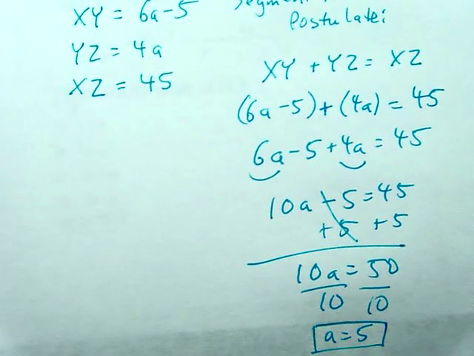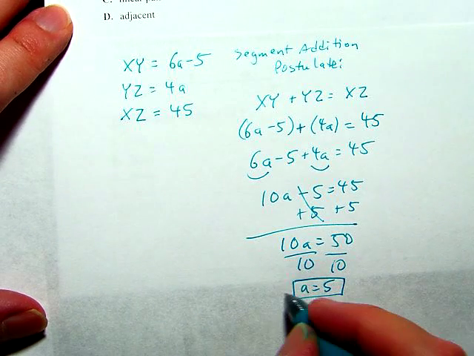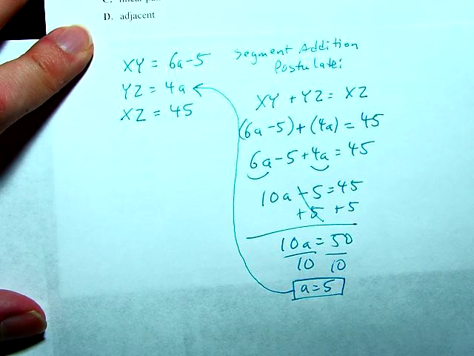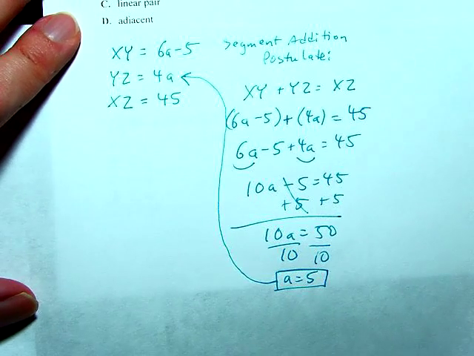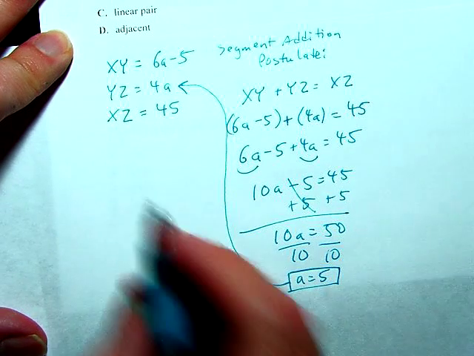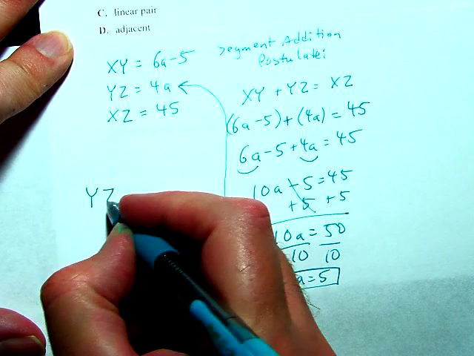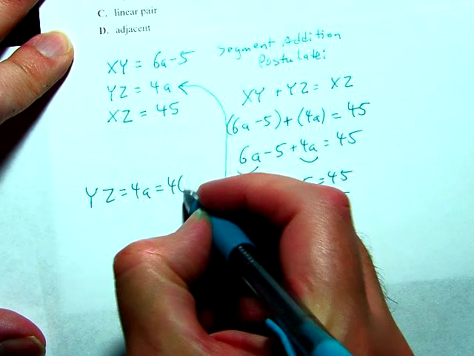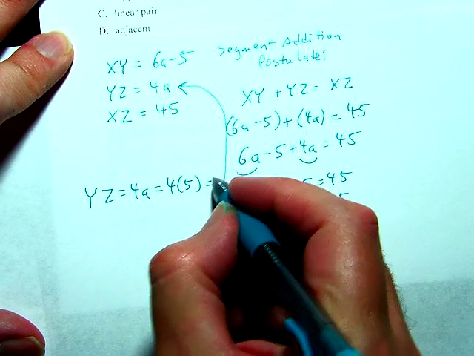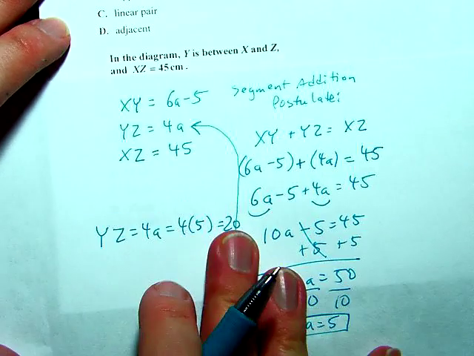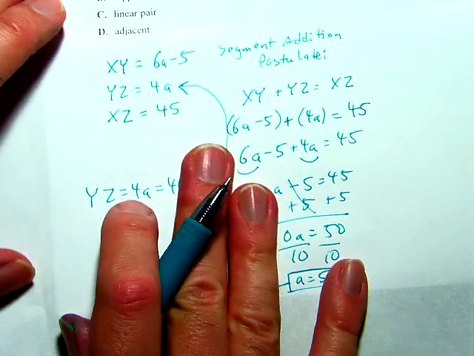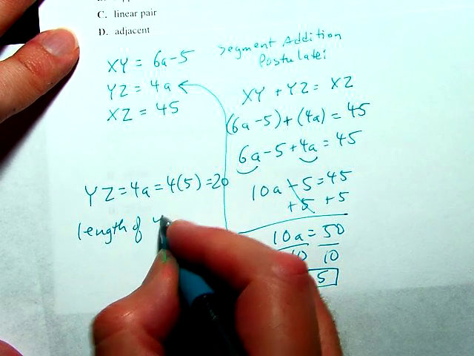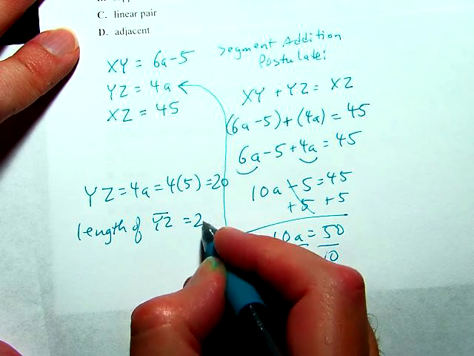We can now plug that a back into YZ up here, because we need to be able to solve for YZ. That's what the question's asking for. So if the measure of YZ is equal to 4a and a is equal to 5, that would be 4 times 5, or 20, and so we get that the length of YZ, line segment YZ, is equal to 20.